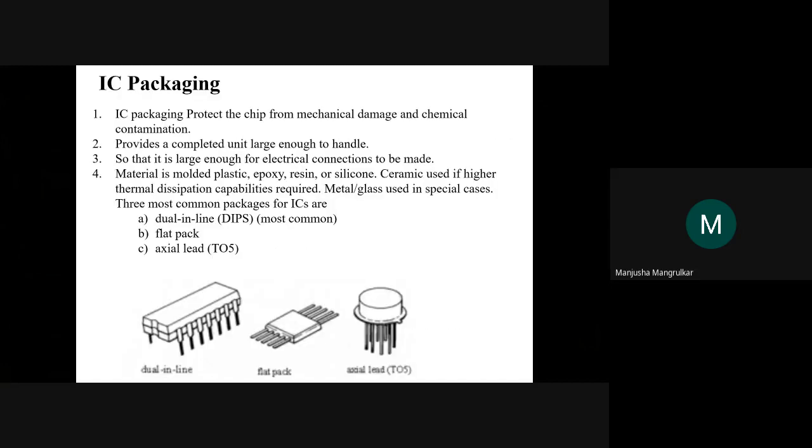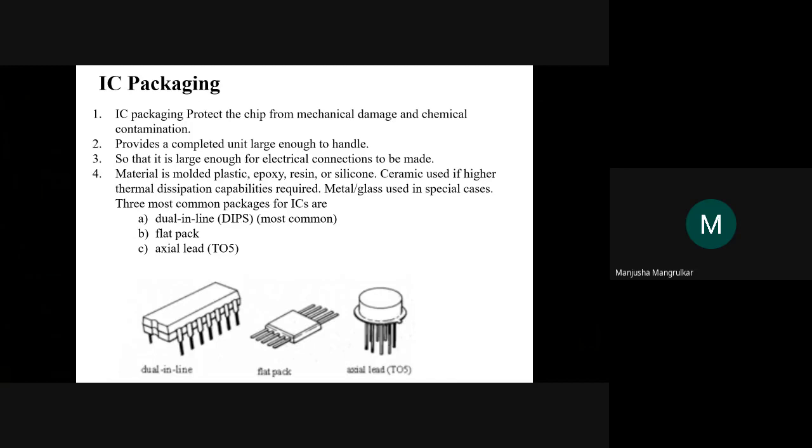IC packaging protects the chip from mechanical damage and chemical contamination. It provides a complete unit large enough to handle. It is a protected chip, large enough for electrical connections to be made.